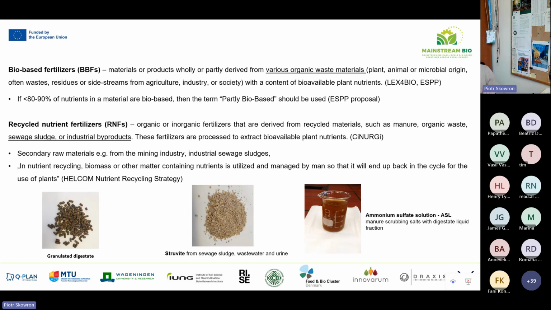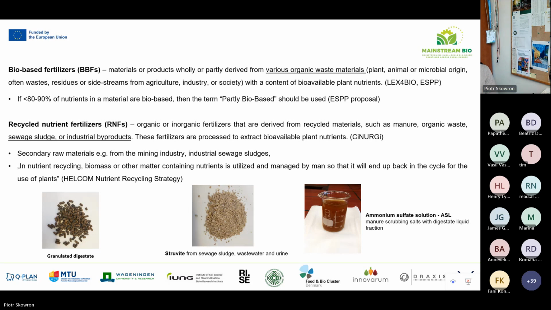Recycled nutrient fertilizers, which are defined in different projects, for example in the SYNERGY project, take into consideration more materials in this definition, for example sewage sludges and industrial byproducts from the mining industry.